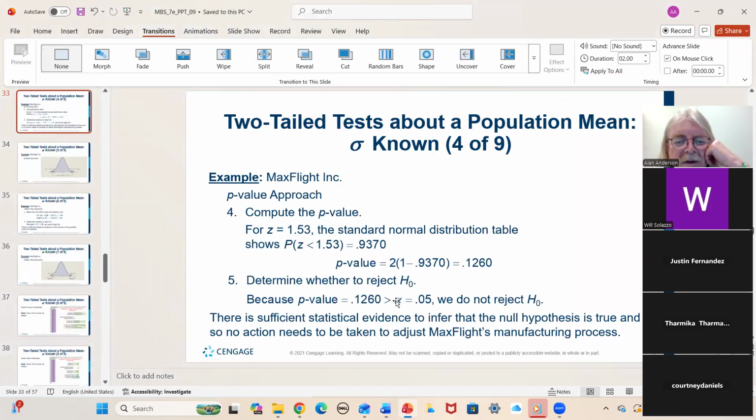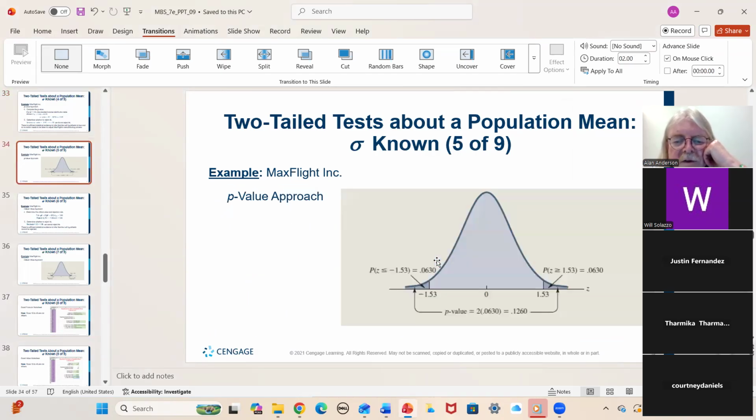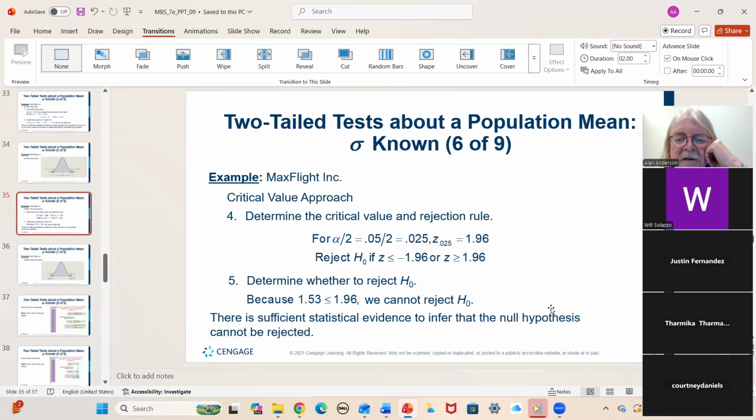So here, this is what the 1260 is, their p-value, which is what we got. And you can see in the diagram, they took the area of both shaded regions to do this. And then we did the same thing, and we compare that to alpha.